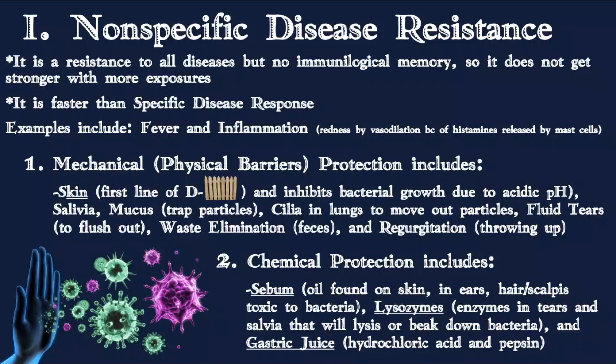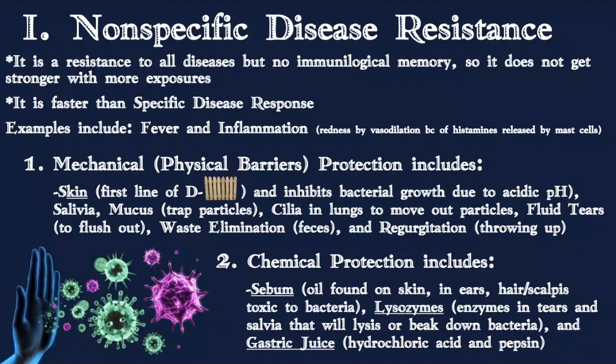We have the tears. The fluid tears is a mechanical and a physical protection. The physical is the flushing out of the pathogen or the material that should not be in the body. Maybe you get something in your eye and your tears try to flush it out.